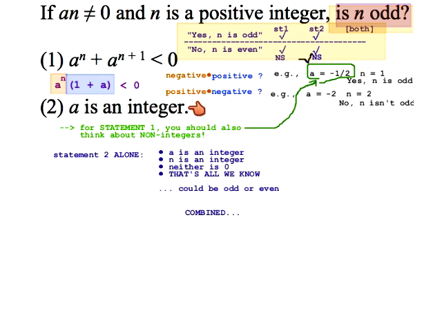And then I bet that if you make it an integer, it rules one of those things out.